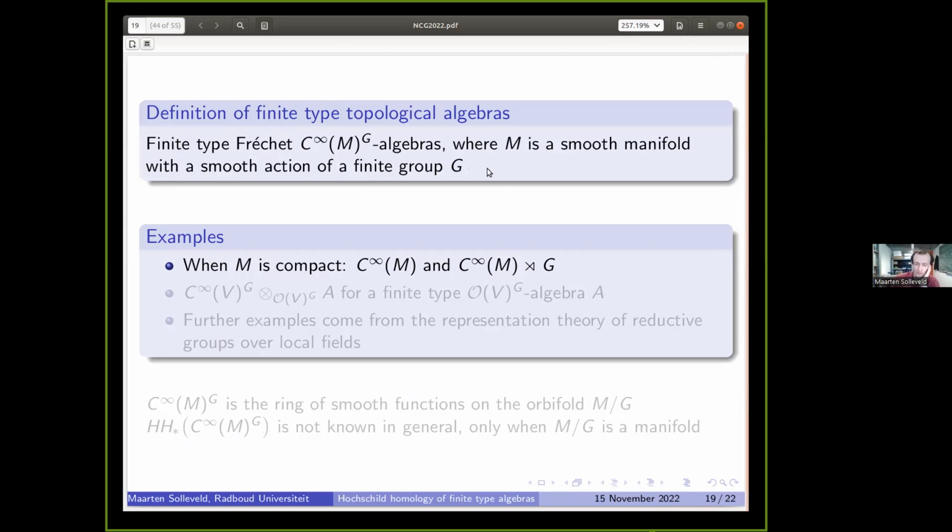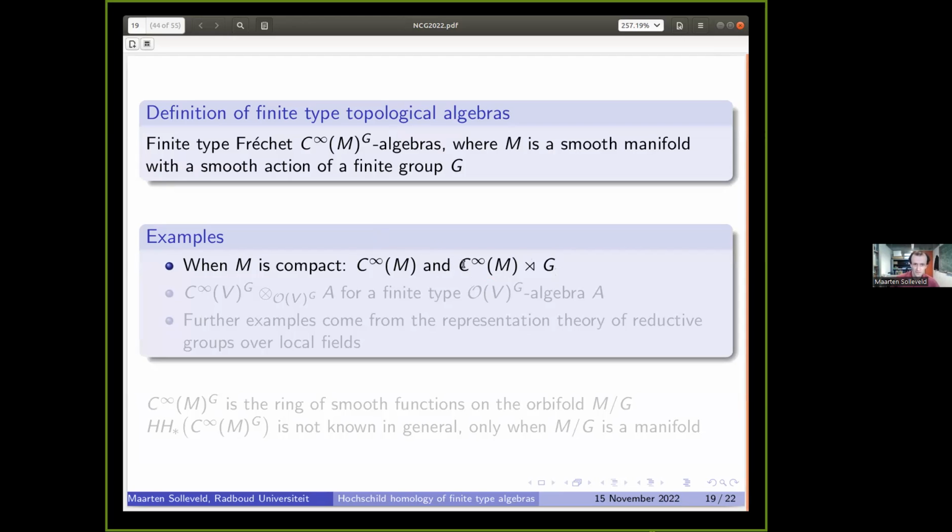So typical examples there are, well, of course, the smooth functions on a manifold itself. This is a finite type algebra over itself, but it's also a finite type algebra over the functions on M modulo G, at least if G is finite and if M is compact. And also this cross product is a finite type algebra.